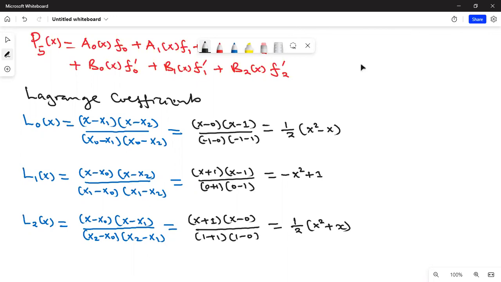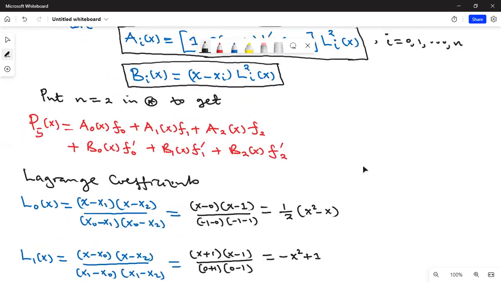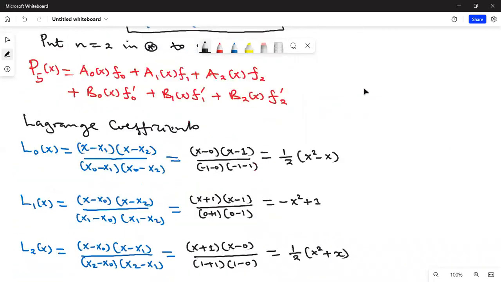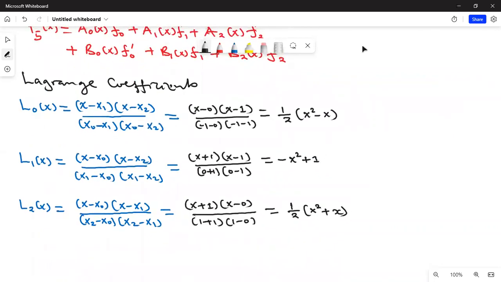So look at our definition of the other coefficients, that is ai of x and bi of x. Those are called Hermite coefficients. We need to know the derivative of li of xi, and also we need to square the li of x. Because I'll need the derivatives of these Lagrange coefficients, let me work them out here.